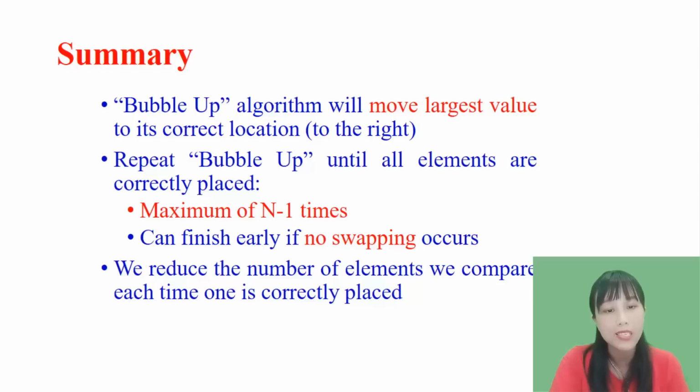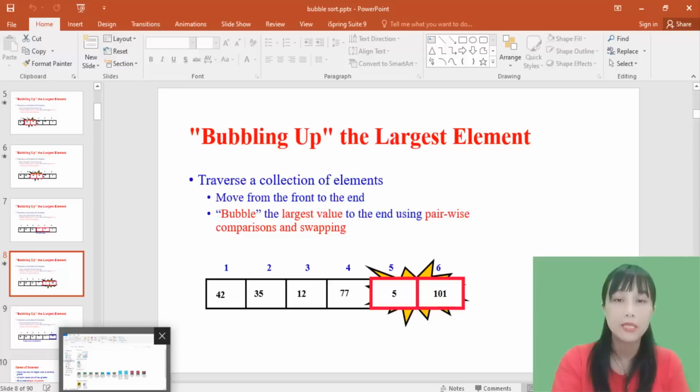Repeat bubble up until all elements are correctly placed, a maximum of n minus 1 times, but it can finish early if no swapping occurs. We also reduce the number of elements we compare each time one is correctly placed. Let's implement this in Python now.